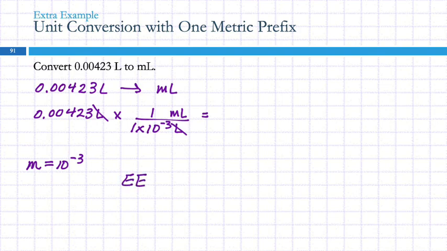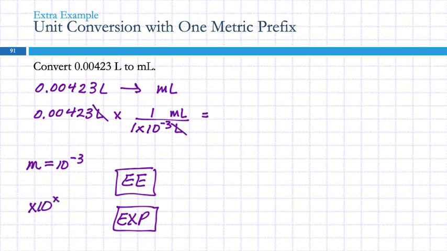Some calculators, it's EE. On some, it's EXP. And then there's a select few that call it times 10 to the x. But as you press one of these buttons, this stands for times 10 to the. So as you press that button, you say times 10 to the.